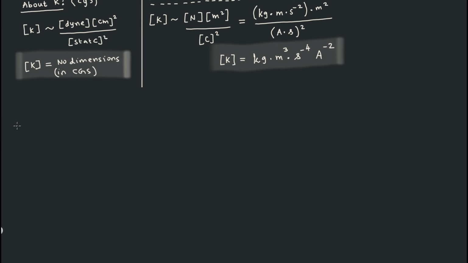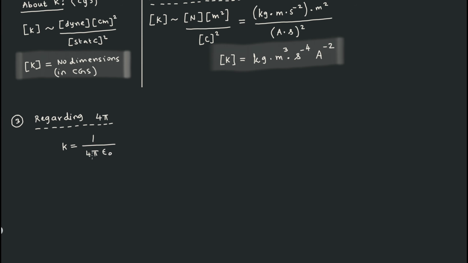The third remark that I would like to tell you is regarding the 4 pi. You should remember that in the case of the SI system, we have the expression K is equal to 1 divided by 4 pi epsilon naught.